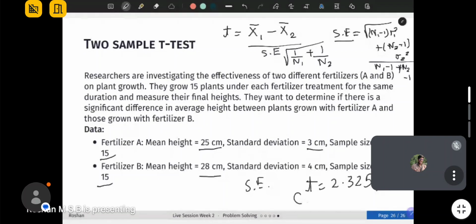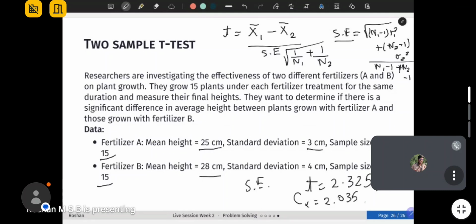I've not checked it. Just a minute. It's 1.701.